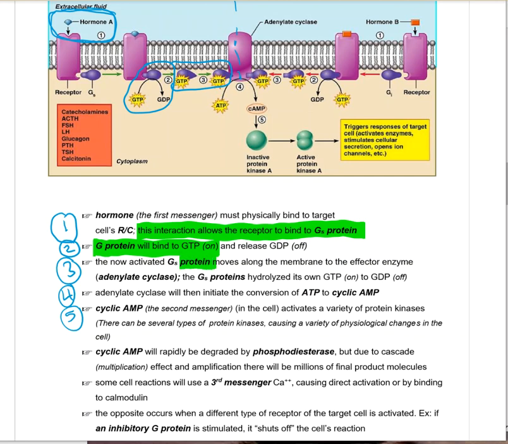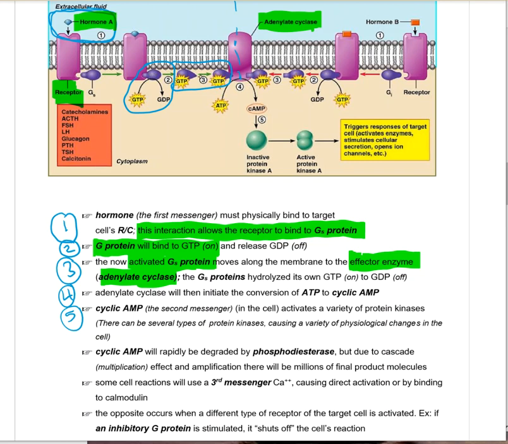So we have an activated GS protein, and it moves along the membrane and it goes to an enzyme. This enzyme is called adenylate cyclase, and that's right here up at the top. If you look at the top of the page, adenylate cyclase. So we have our hormone A attaching with a receptor. We have that receptor allowing a stimulatory G protein to bind. We activate that G protein.